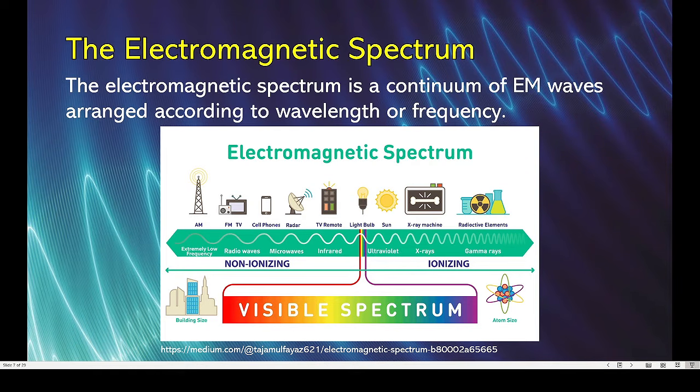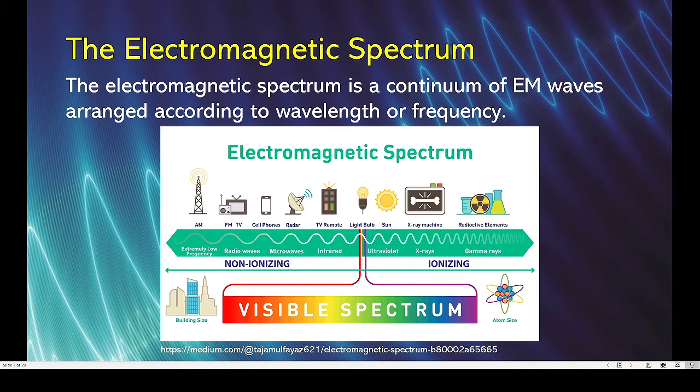Also, the 7 electromagnetic waves are usually arranged from long wavelength to short wavelength, that is from left to right, or lowest frequency to highest frequency.